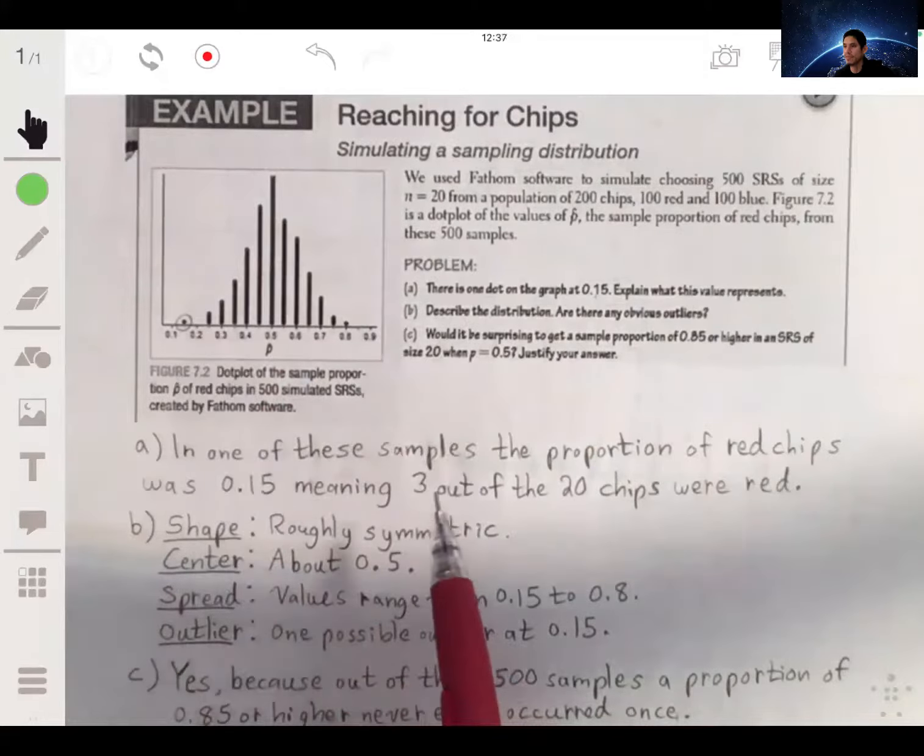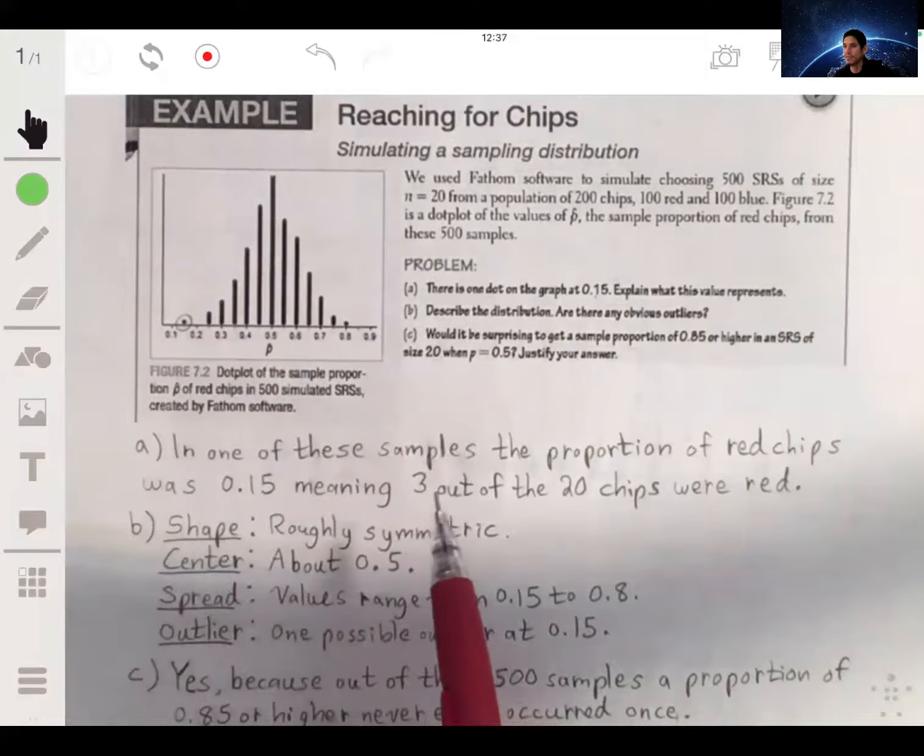Now based on this, if I was to get one of my groups of students to get 0.85 in their sample of 20, would that be pretty rare? Would that be surprising? We could say yes, because they took 500 samples and didn't even get 0.85 once. So we can argue that it's pretty rare.